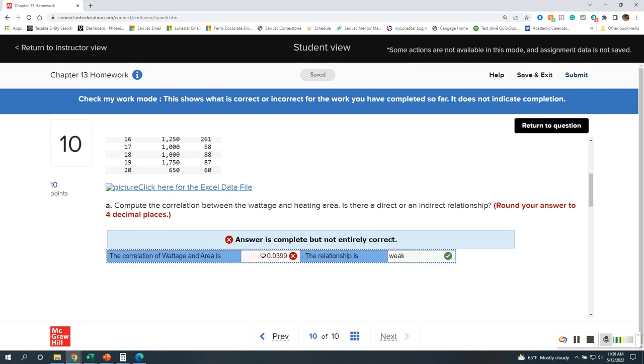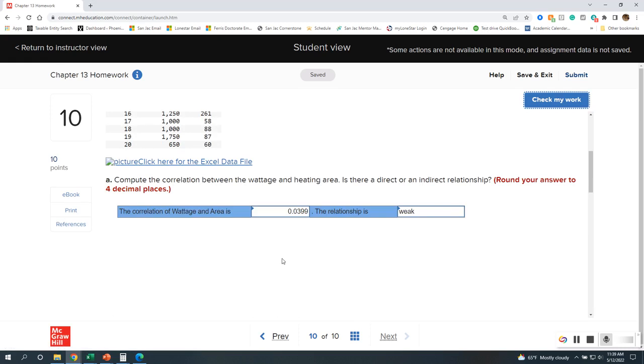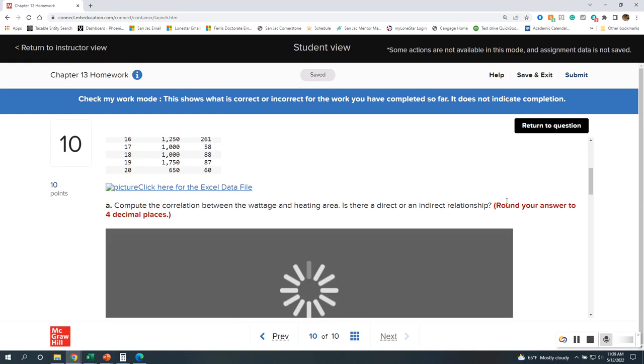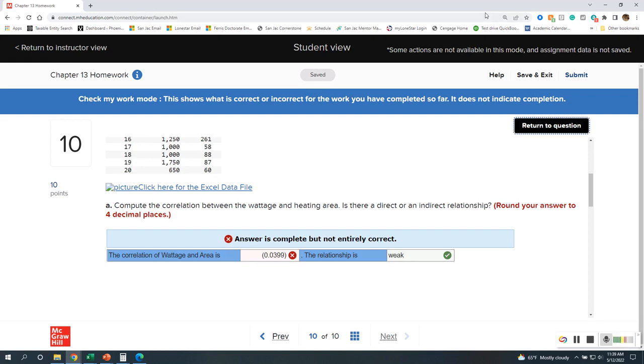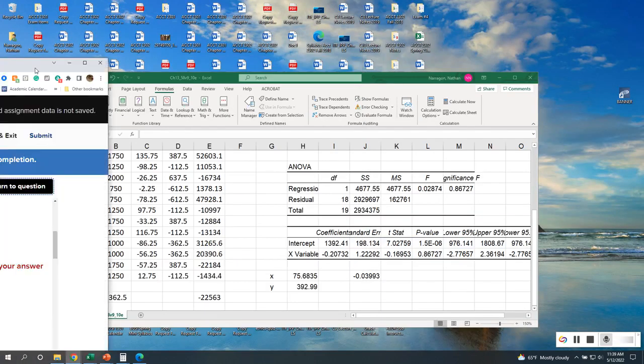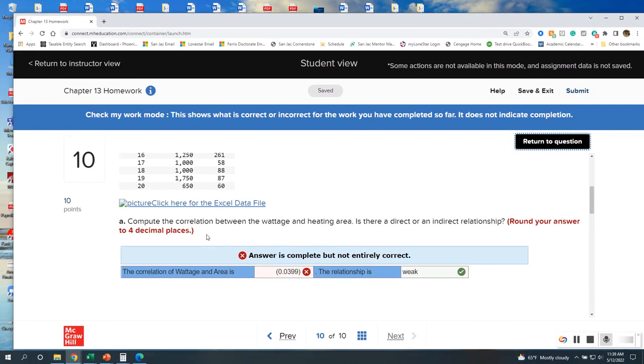So that's the one. Did all that work and it ends up being a negative. And it still says it's wrong. Yeah. So, I do have an error.